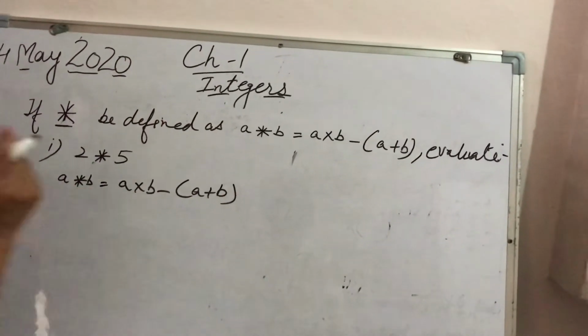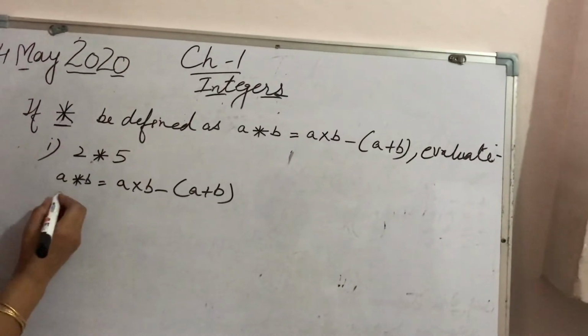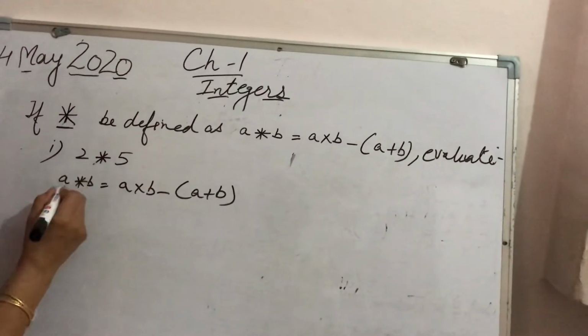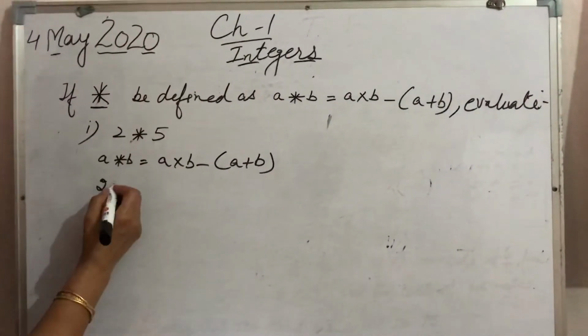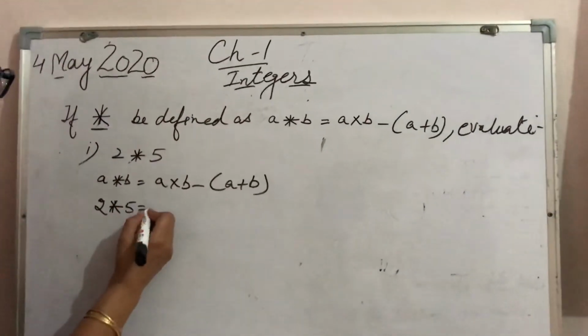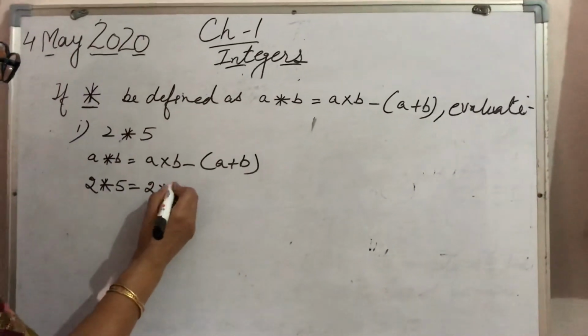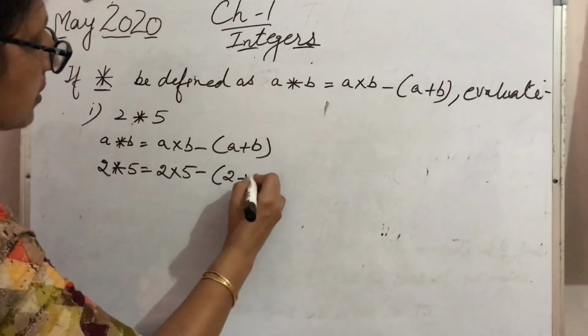So instead of a and b, we can use 2 and 5. We write 2 instead of a, and 5 instead of b: equal to 2 into 5 minus 2 plus 5.